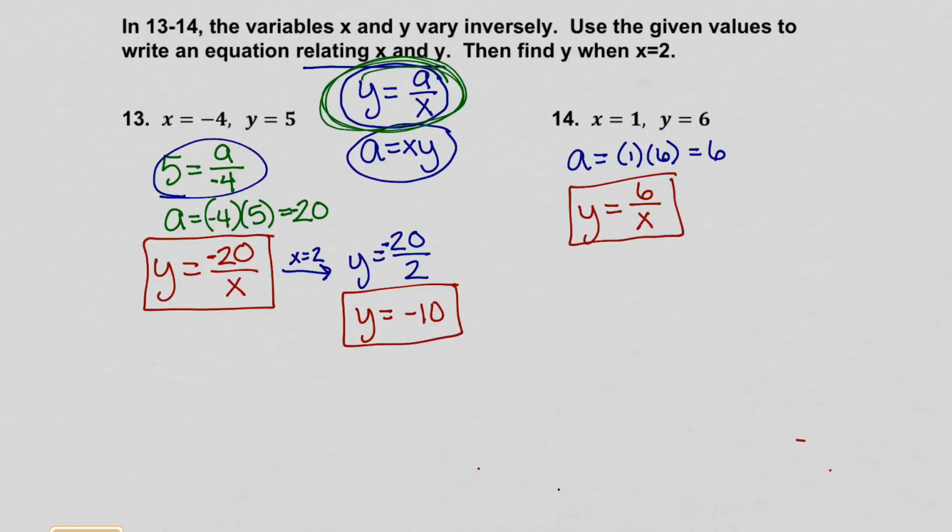So 6 over x. And then I plug in x equaling 2. So y is going to equal 6 over 2. So y is going to equal 3. All right, so that is the notes for 7.1.